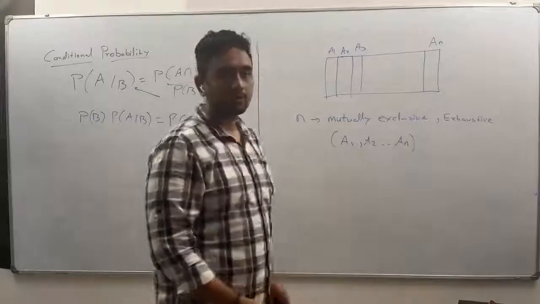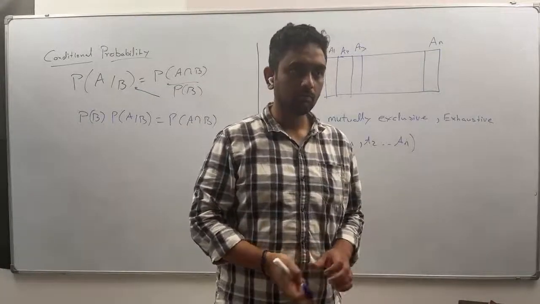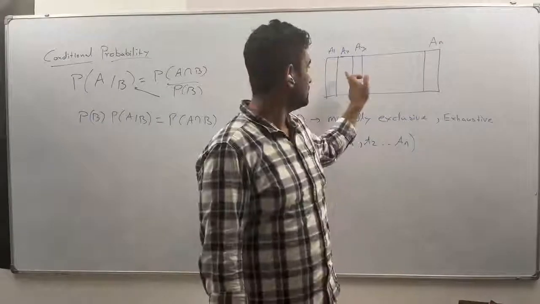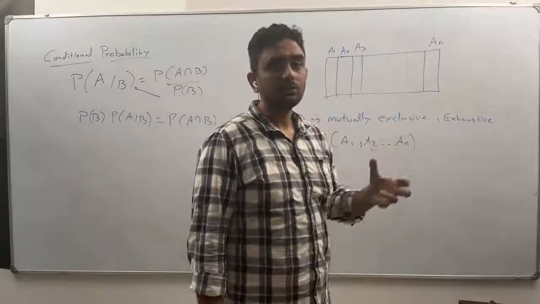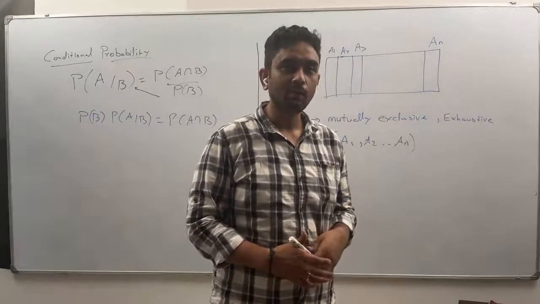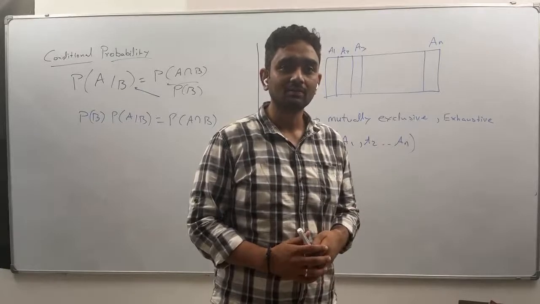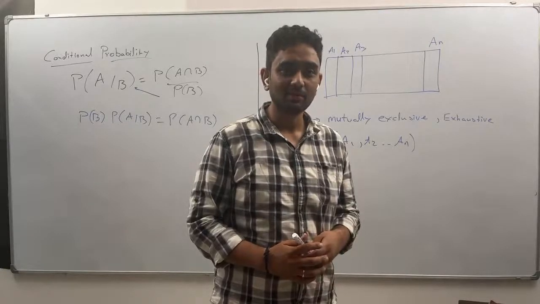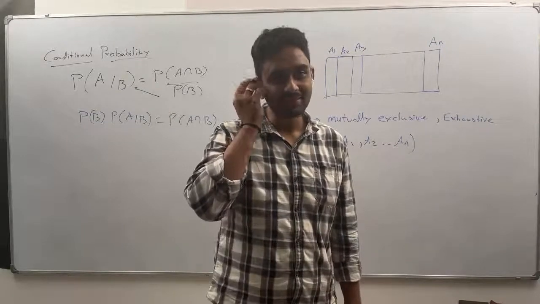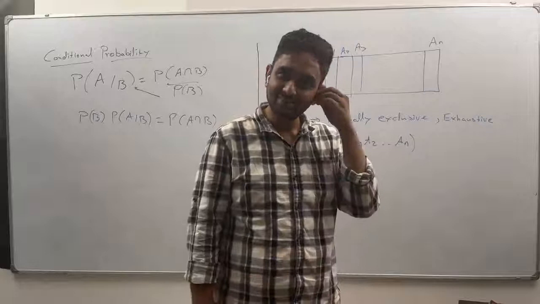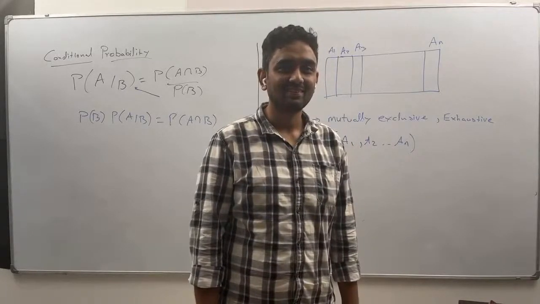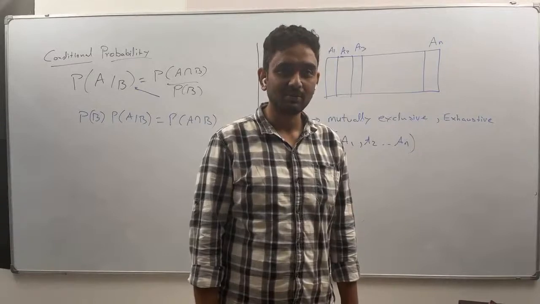Mutually exclusive means nothing in common. Intersection is zero for all of them. Exhaustive means complete. Together they are complete. When do you get exhausted? In math, in bio, energy is still there. Chemistry is fun.